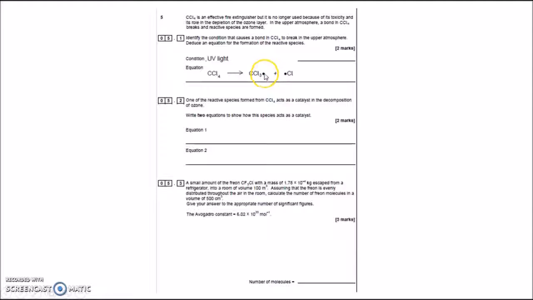So that electron is on the C to make up for the fact that it's short of a bond. That unbonded electron on the Cl and on this radical as well makes both of these very reactive. One of the reactive species from CCl4, this one, acts as a catalyst. It means it's going to be reformed in the decomposition, that's the breakdown of ozone.